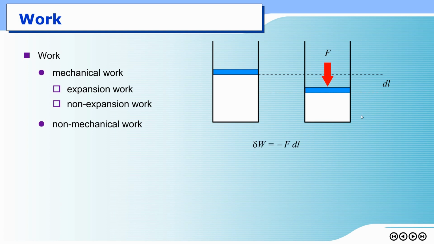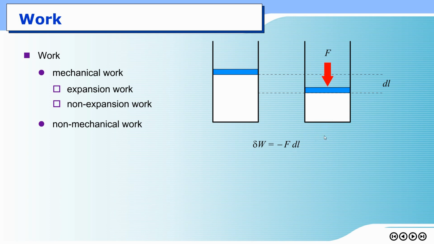From physics, work can be calculated as force multiplied by the distance in the direction of the force. Force is F, the distance is dl. But if you recall, we put the notation that any work given to the system is supposed to have a positive sign. In this picture, we give the system work, so this work is supposed to be positive.